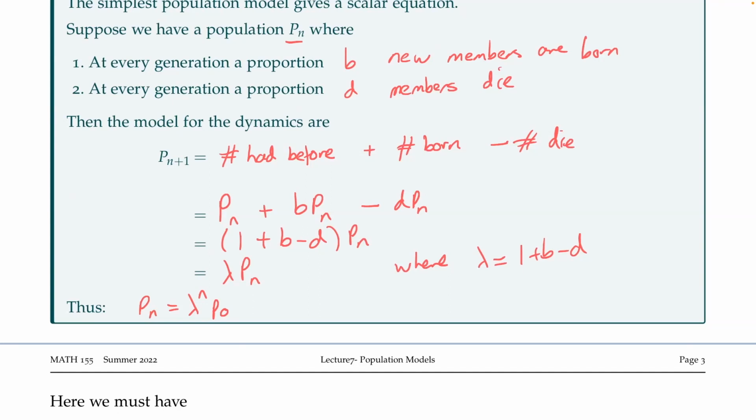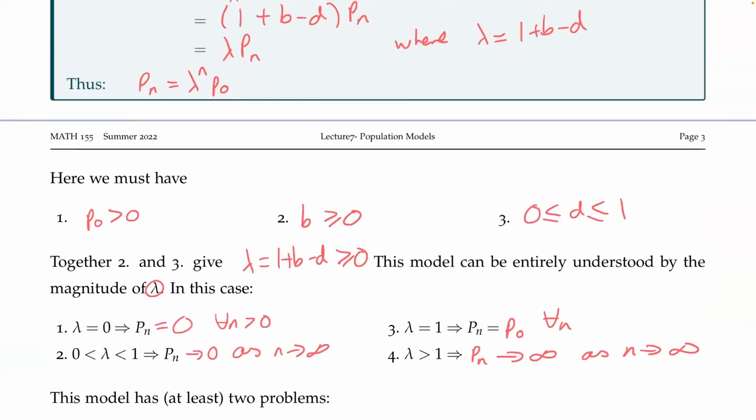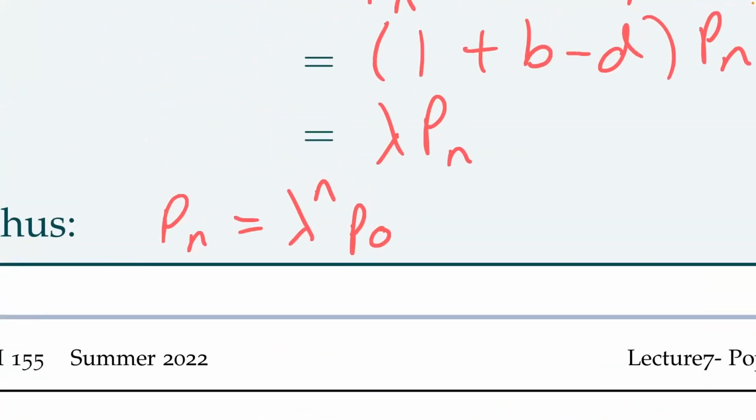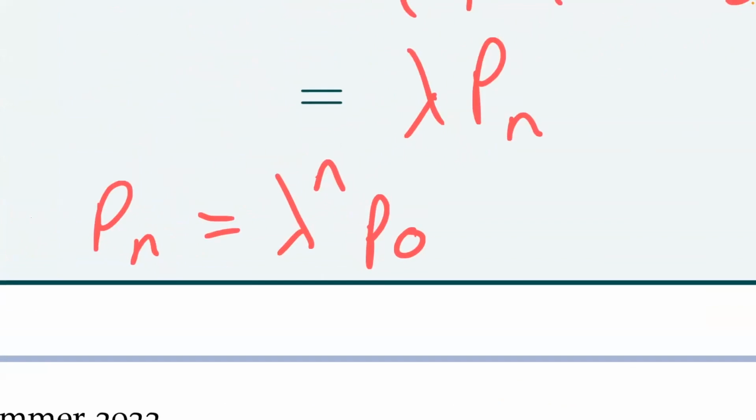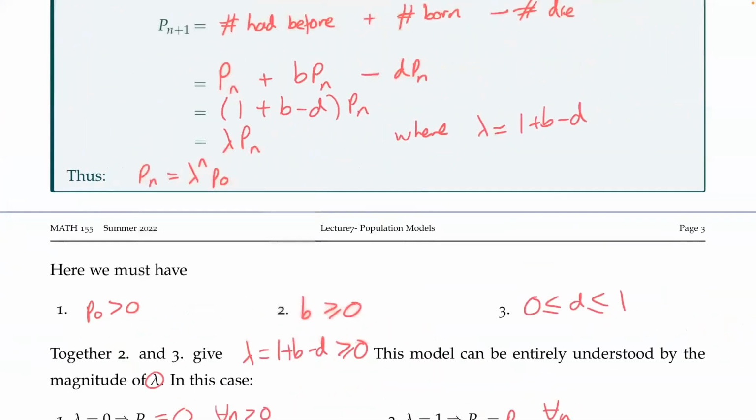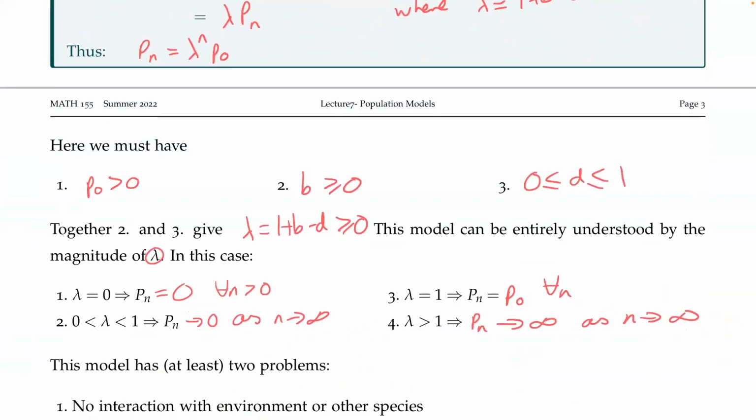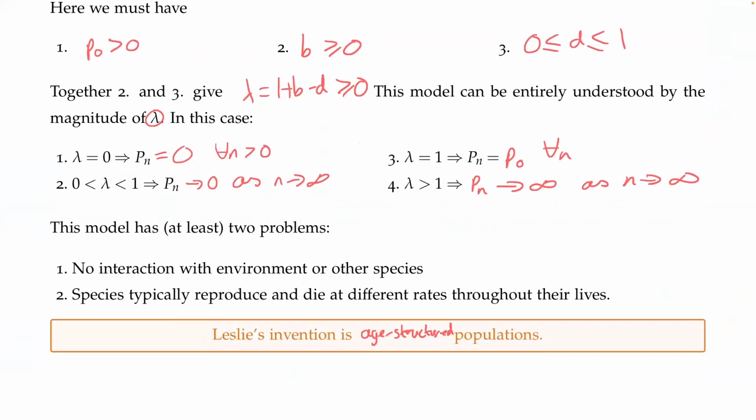Okay, so this just gives us exponential growth or exponential decay. So really all that matters here, if I zoom in, we care about this lambda^n. What is lambda? That will tell us something about whether this population is growing or decaying. So it doesn't matter really what our initial population is as long as it's not 0. We care about what's going on with lambda.